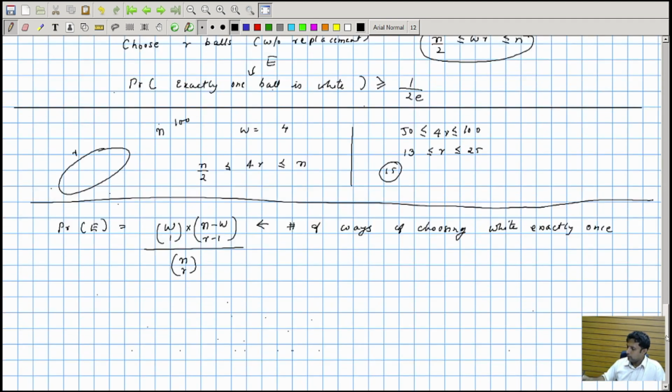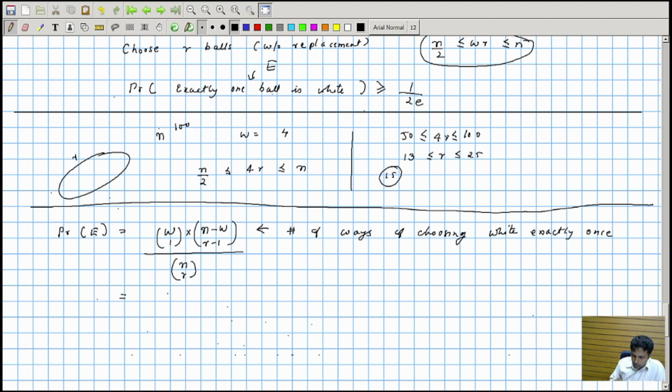So, a slightly involved calculation. W choose 1 is W, into n minus W factorial divided by n minus W minus R plus 1 factorial, into n factorial divided by n minus R factorial times R factorial.